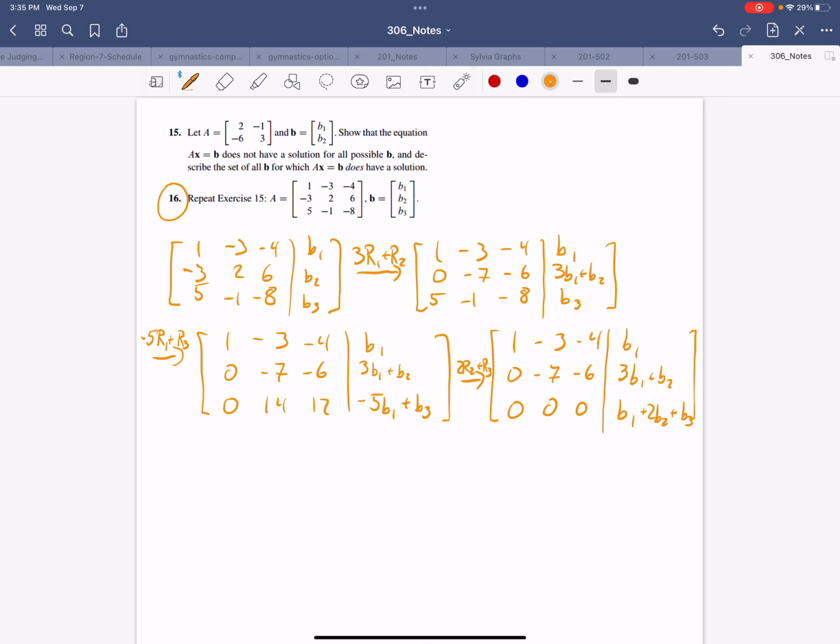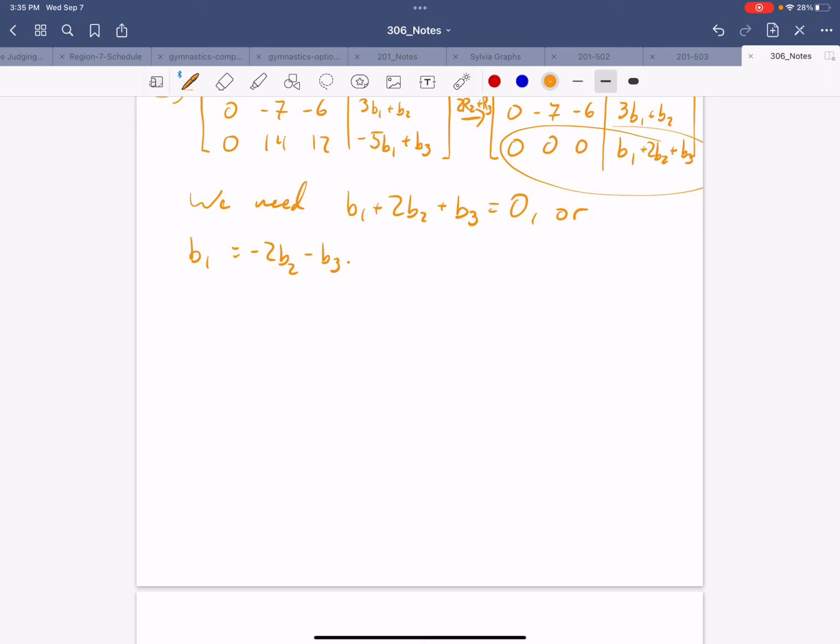Forget about what x vectors they correspond to. In particular, note this. We need b1 plus 2b2 plus b3 to equal 0. Or, in other words, b1 to equal negative 2b2 minus b3.